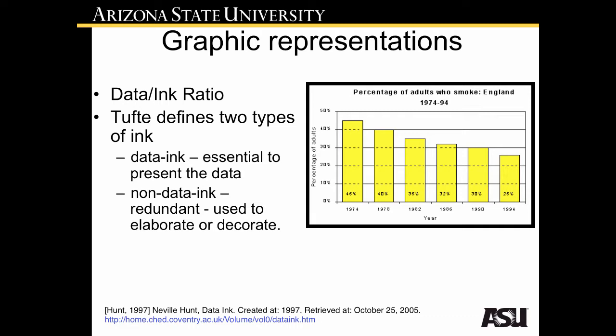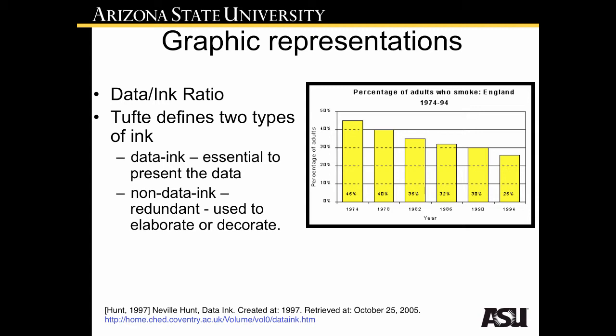So you were cranking out so many newspapers, going out to so many households, that you wanted to reduce the amount of ink. And he focused on increasing the amount of data and reducing the amount of ink, which tended to produce really simplified types of graphics. So he defined two kinds of ink. One that was data ink.